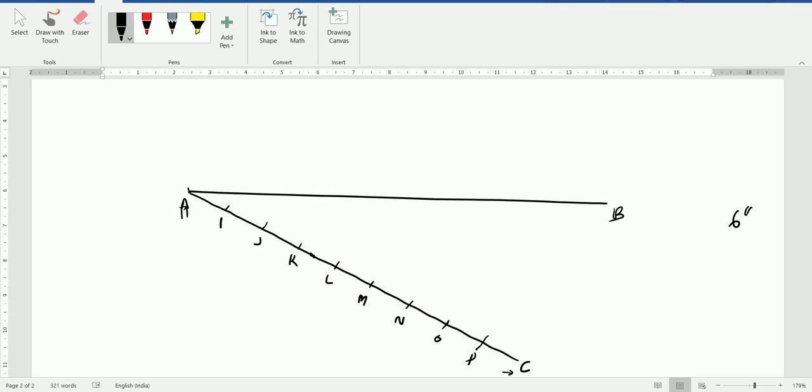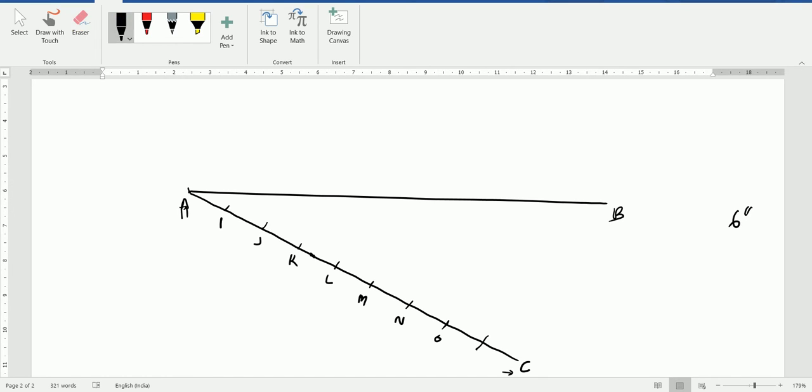After this we have to join these. How many points we have got? 1, 2, 3, 4, 5, 6, 7, 8. The last should be C. Actually, P must be removed. So I, J, K, L, M, N, O, P, Q, 1, 2, 3, 4, 5, 6, 7, 8.